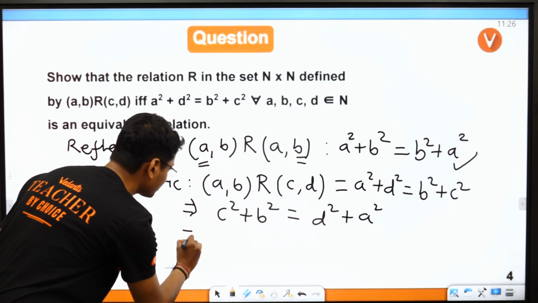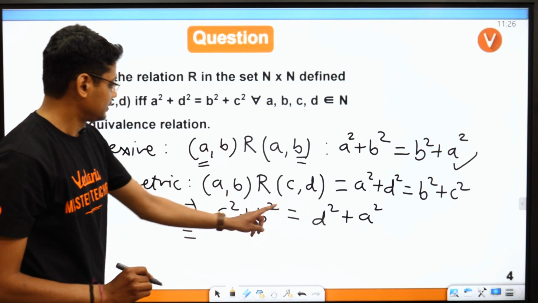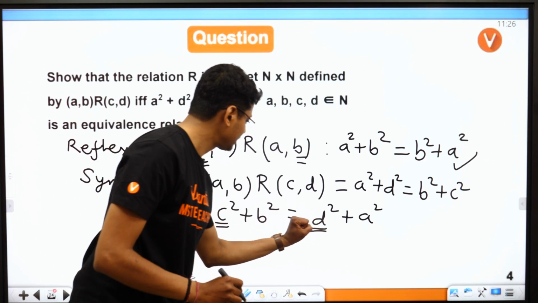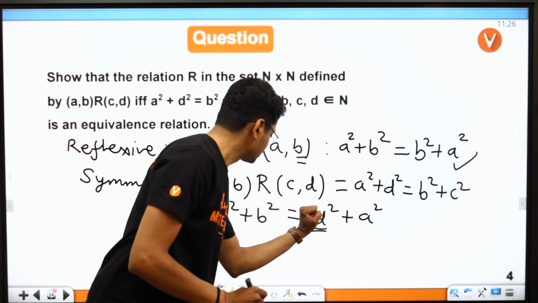So this is basically what? (c, d), or we can write as a² + d². Alright, no issues.